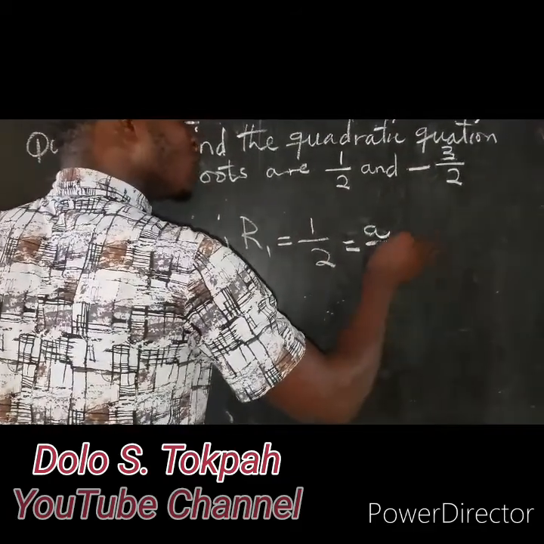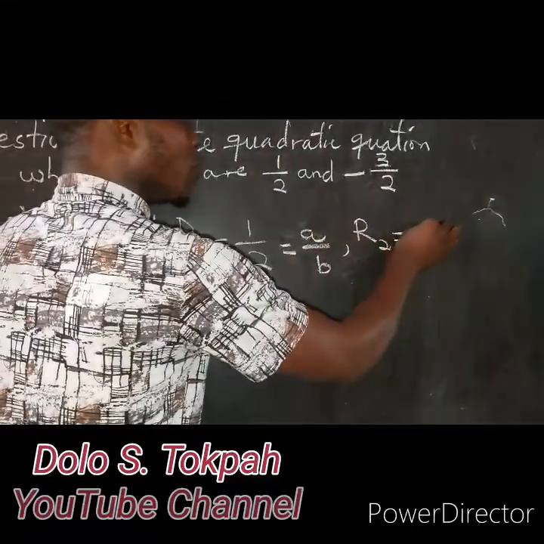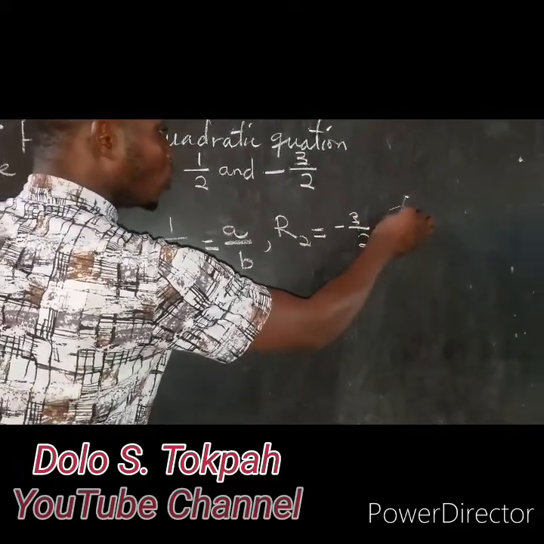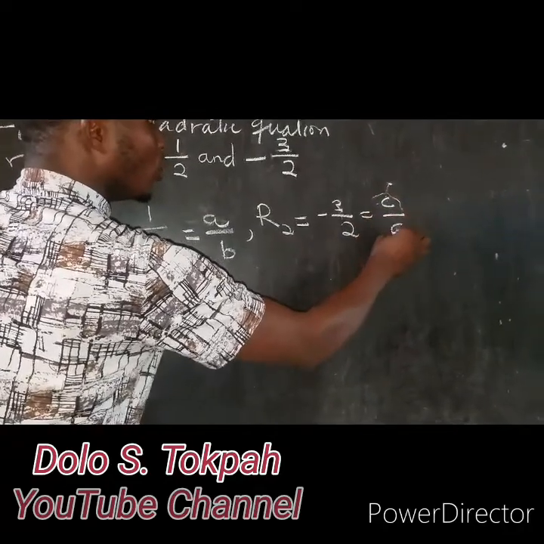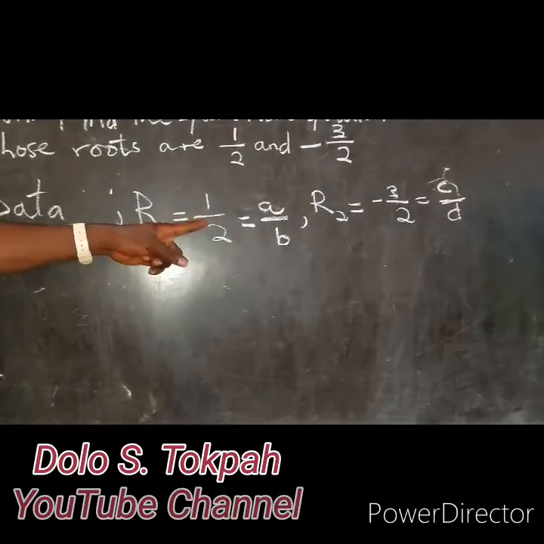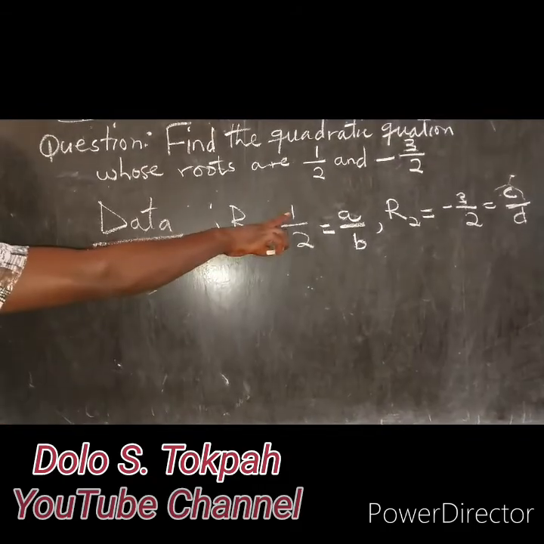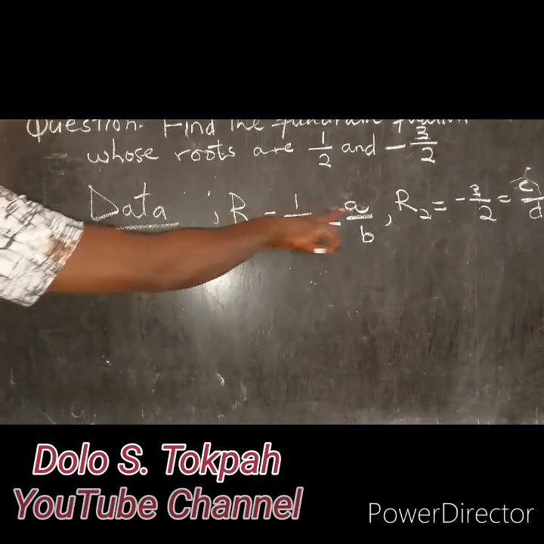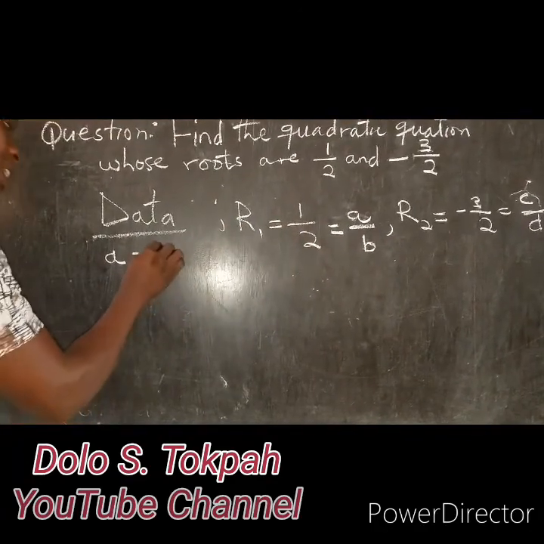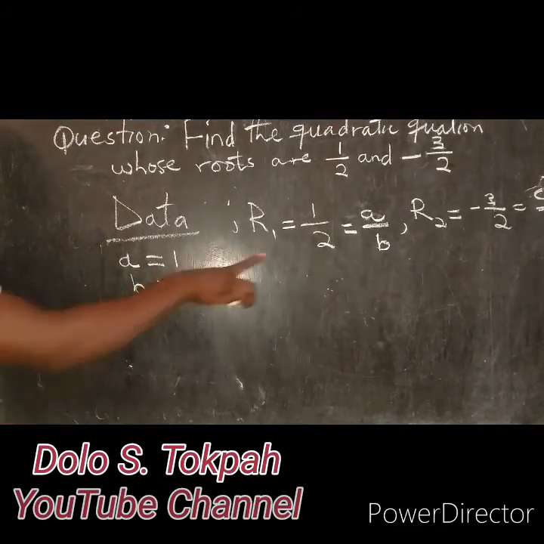We also say R2 is -3/2, and let's say it equals C/D. From this we see that A is the numerator of R1. Because R1 is equal to A/B, which is 1/2, A is equal to 1.